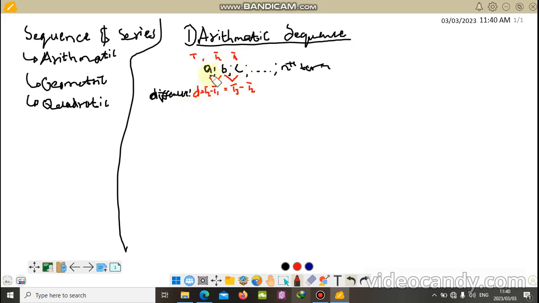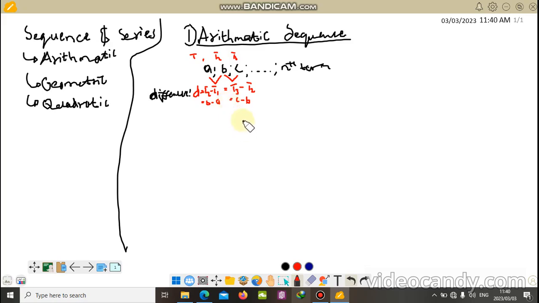So term 2 minus term 1 is the same as B minus A, and this is equal to C minus B. The difference should be the same because it grows with the same difference. So here you calculate D, what we call a common difference. Common difference is the same number that they differ with, term by term, as you go in this sequence.